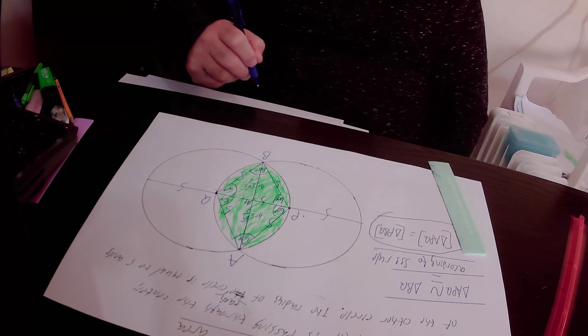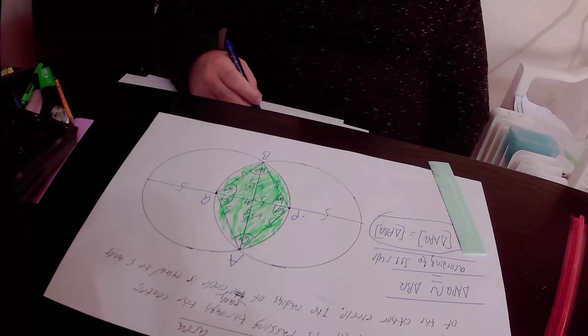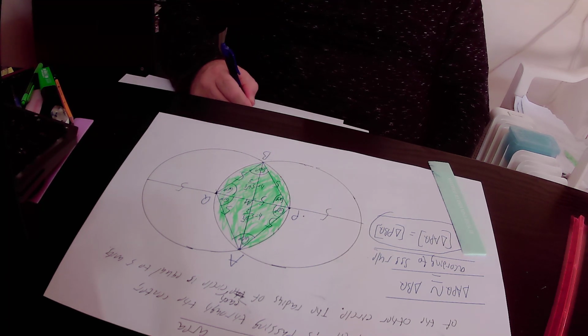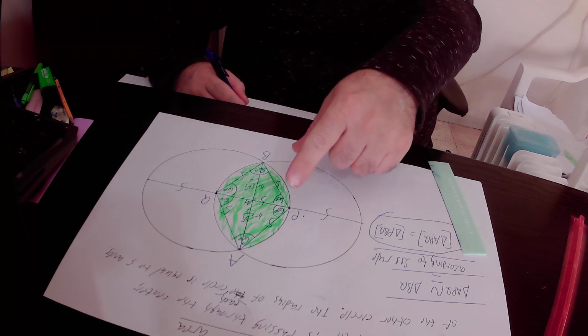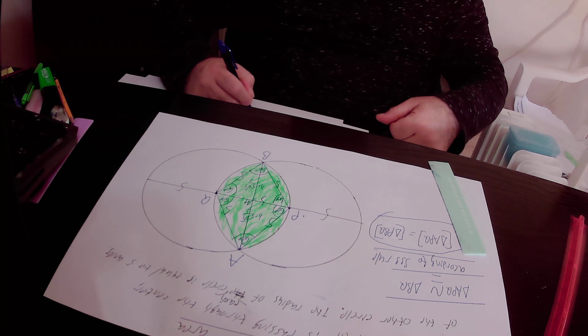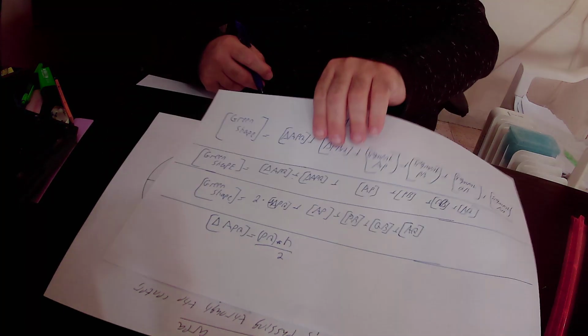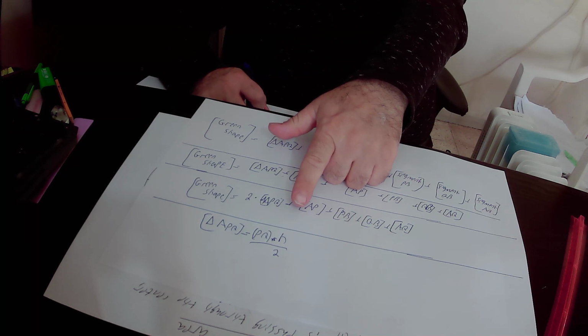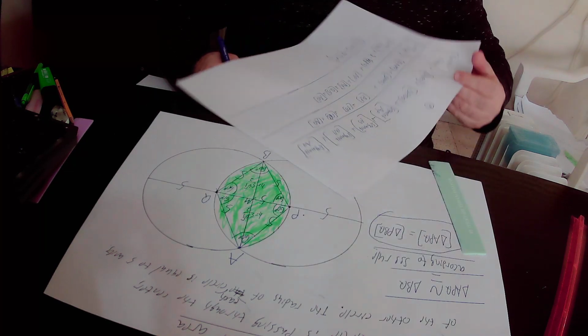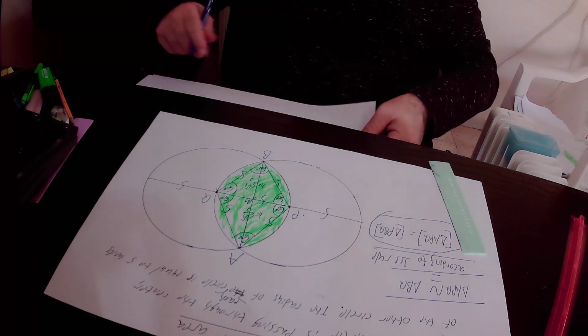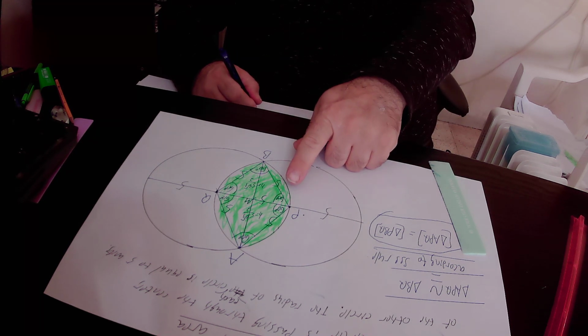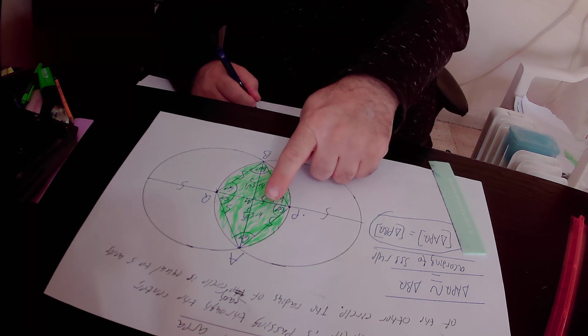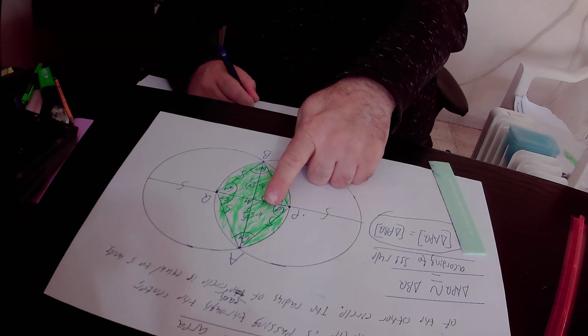We have already found out that PQ equals 5 units, and H equals 5 times square root of 3 over 2, or divided by 2.